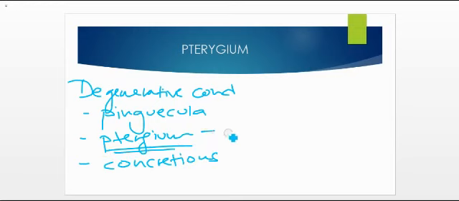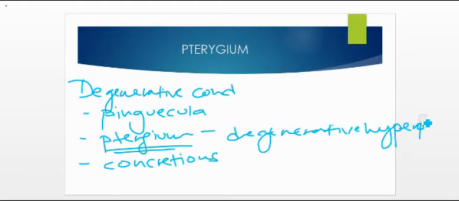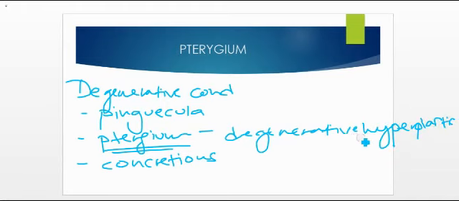So pterygium happens to be a degenerative hyperplastic condition. Important, you need to note it is hyperplastic.